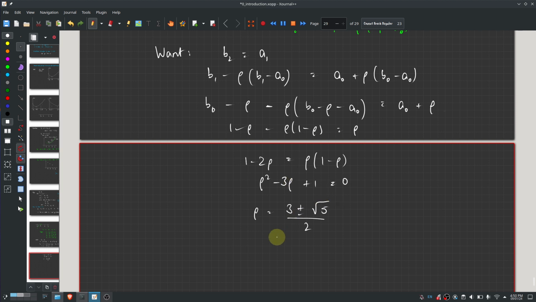So I choose rho to be equal to 3 minus root 5 by 2, and that evaluates to 0.382 or something. So this means that I only need to evaluate at one point in every iteration. Correct?